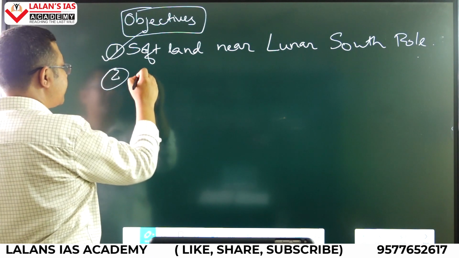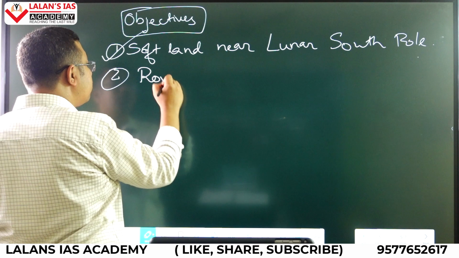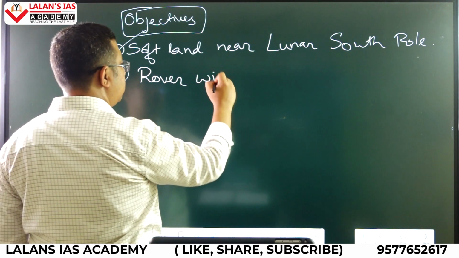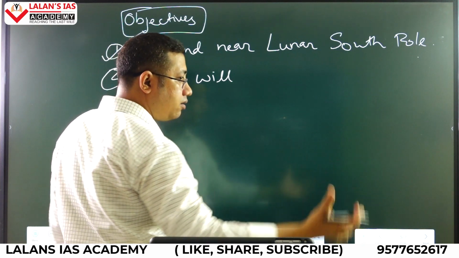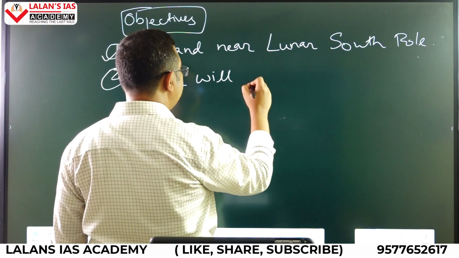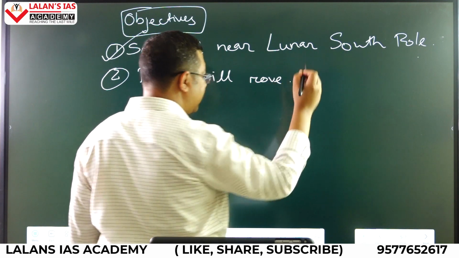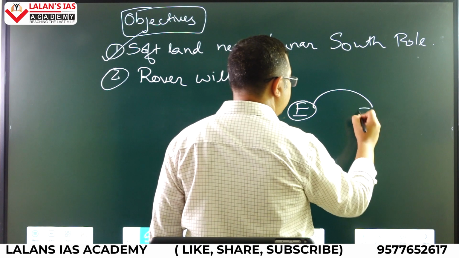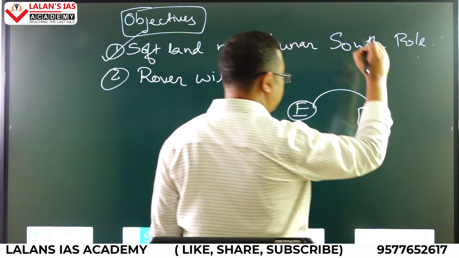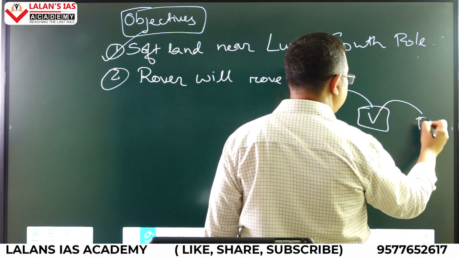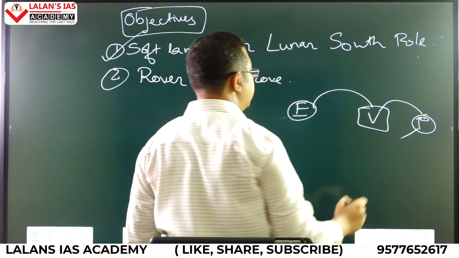Then the rover will rove. There will be roving. The rover will move out of Vikram, the lander, and it will rove. The system is like this: from Earth we contact the lander, then the lander contacts the rover, and then signals are sent.